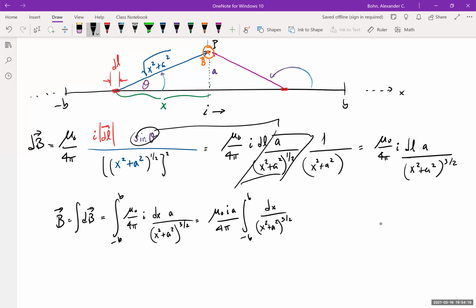Which just, I mean, it's sort of funny, right? Like when we were doing this for the electric field of a line of charge, we needed a trig substitution, and I'm looking at this thinking we're going to need another one.